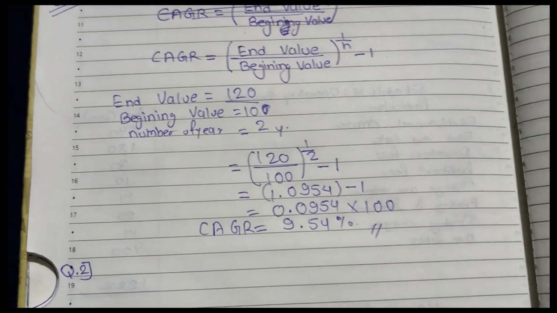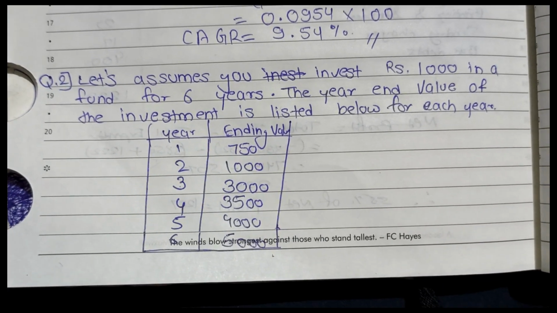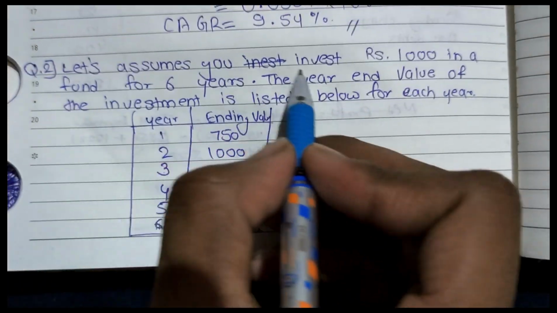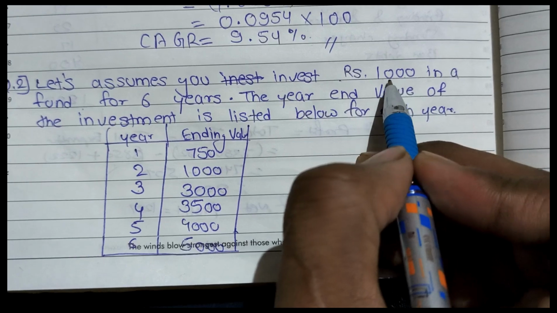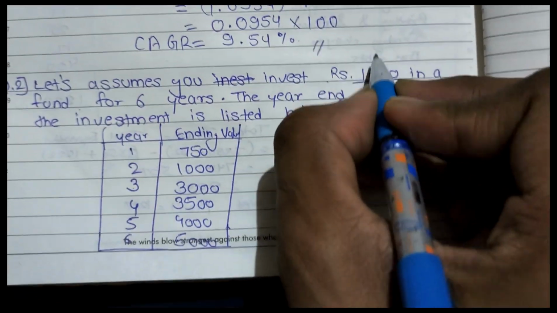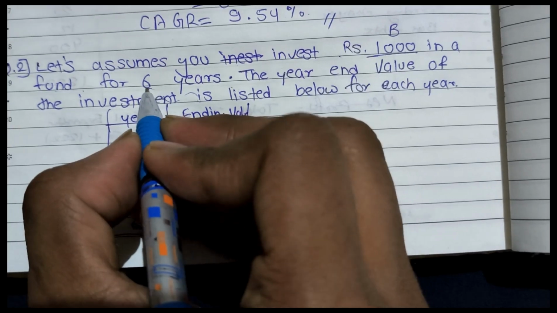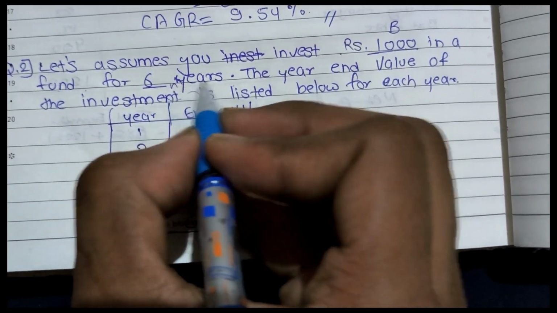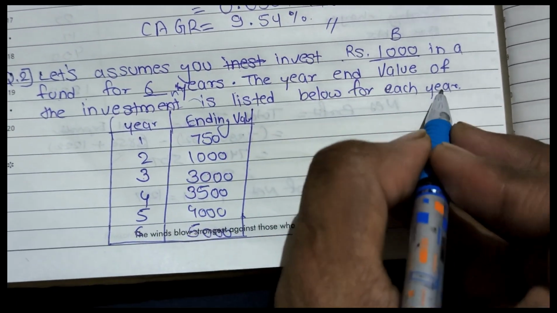For 6 years, let's write the question here first. So here is the question. Let's assume you invest rupees 1000 in a fund, so you got the beginning value, in a fund for 6 years. Here is the number of years. The year-end value of the investment is listed below for each year.